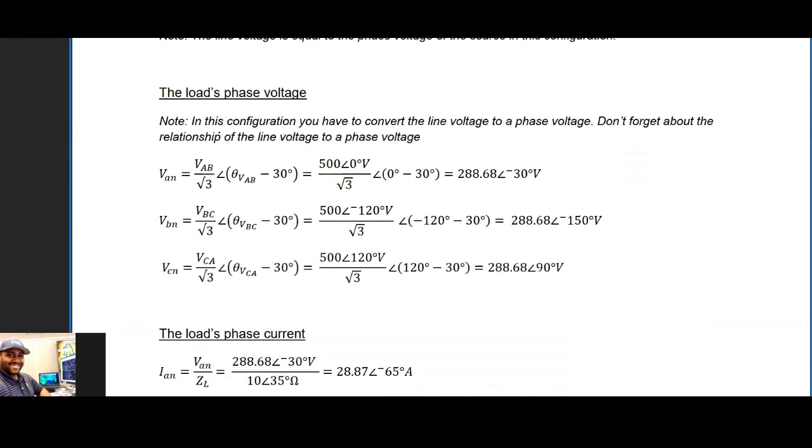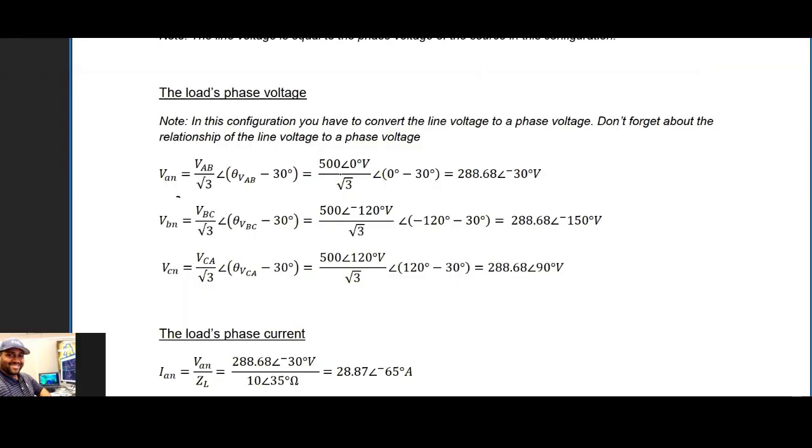All right, so the load phase voltage. In this configuration, you have to convert the line voltage to a phase voltage. Don't forget about the relationship of line voltage to phase voltage, which you have to keep in mind, the square root 3, and then subtracting the 30 degrees. So for this example, we know the line voltage is 500 volts.